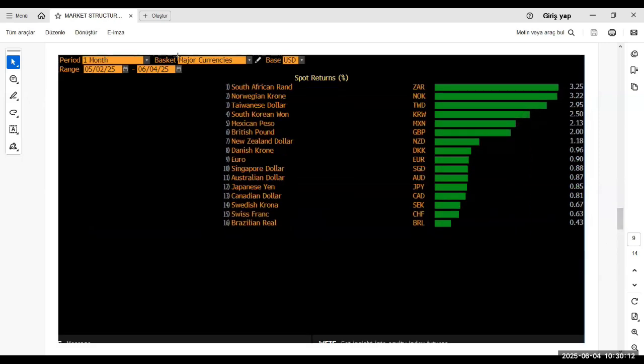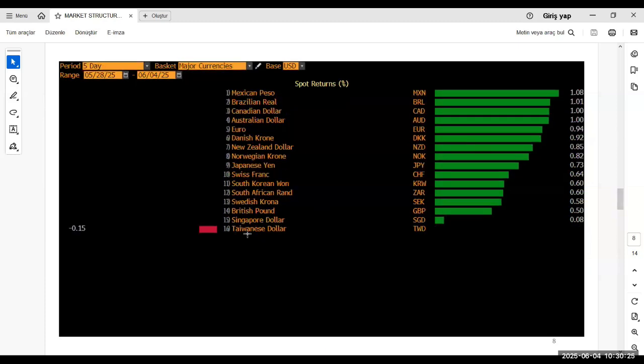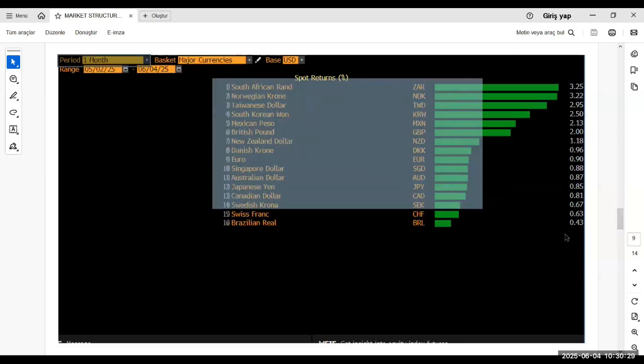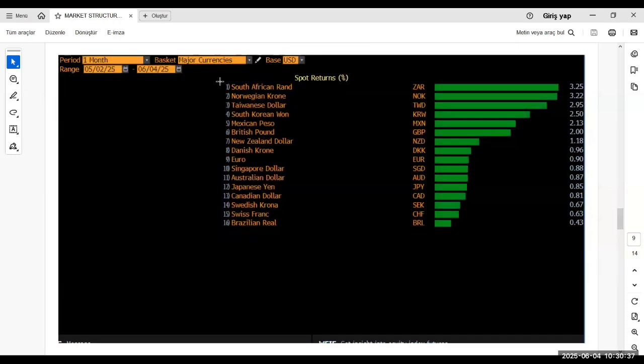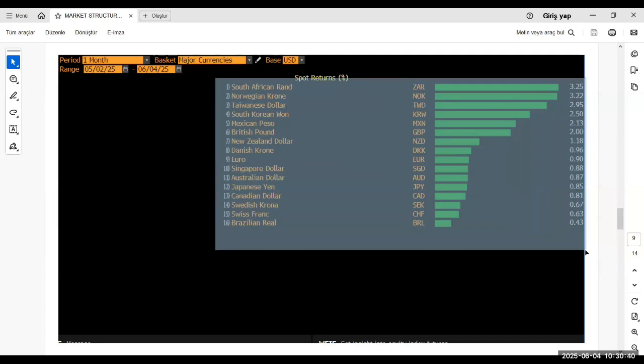What's happening here? I'm checking the major currencies again, but now my scenario takes a time frame of 1 month. Now even the Taiwan dollar is not depreciating. All major currencies around the world at 1 month frequency are fighting the United States dollar.